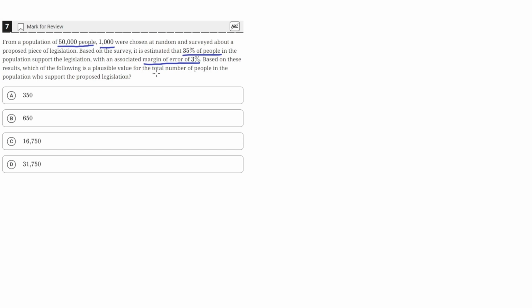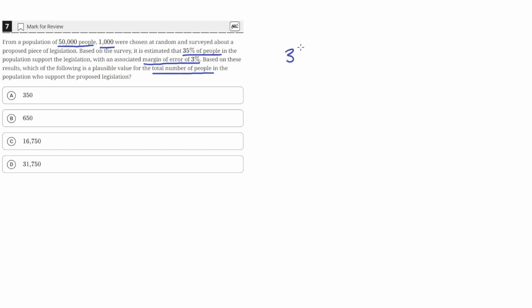So to find the total number of people that support the legislation, we just extrapolate the trend in the survey of 1,000 people and apply that to the whole population of 50,000 people.